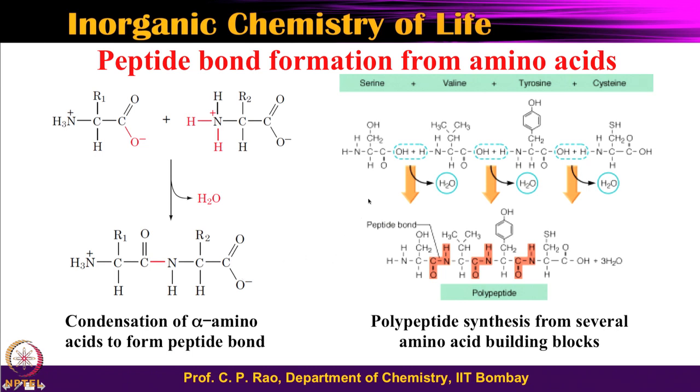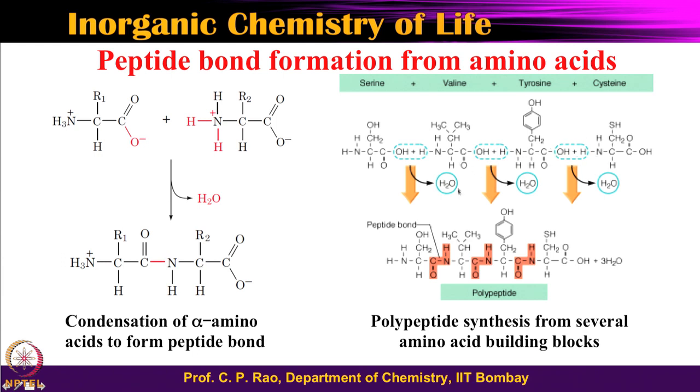Let us look at a bigger case. We have 4 different amino acids: serine, valine, tyrosine and cysteine. If you see here, the carboxylic of this amino acid reacts with the amine of this amino acid, carboxylic of this one, amine of that, carboxylic of this, amine of that.